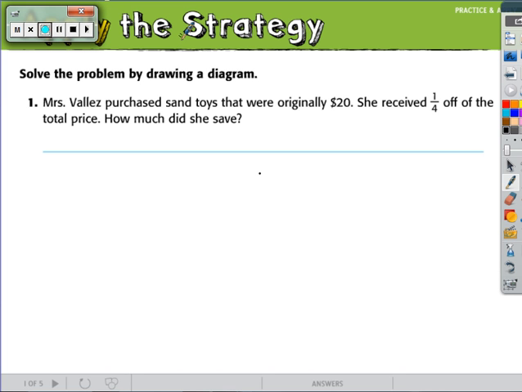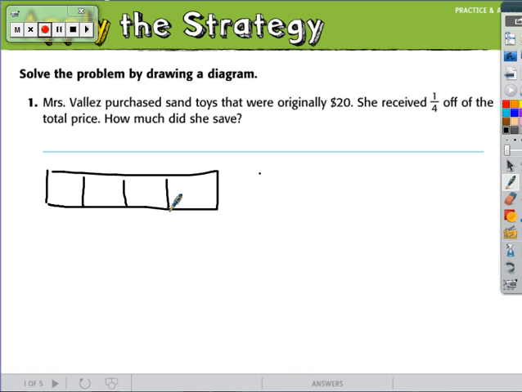So we're modeling the fractions. So what do we have to model? 1/4. So if I'm modeling fractions, I need to draw a fraction rectangle that's separated into how many pieces? How much the fraction is? 4, because that's what the denominator is, right? So I'm looking at 1/4 right here.